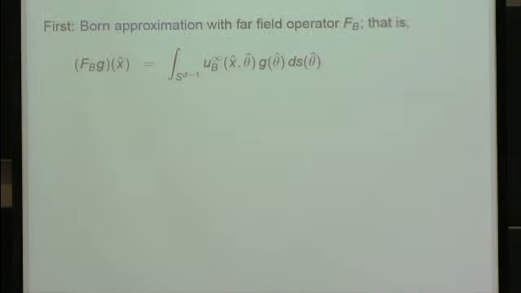Okay. So now we come to the factorization method, and first you look at the Born approximation. So we take the far field pattern in the Born approximation and call the corresponding far field operator F_B. Recall what we had: an explicit form of the Born approximation.